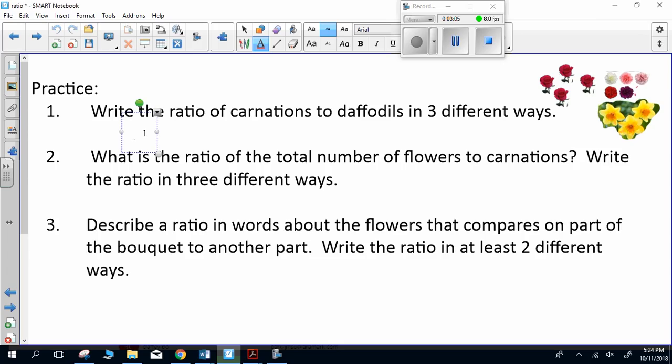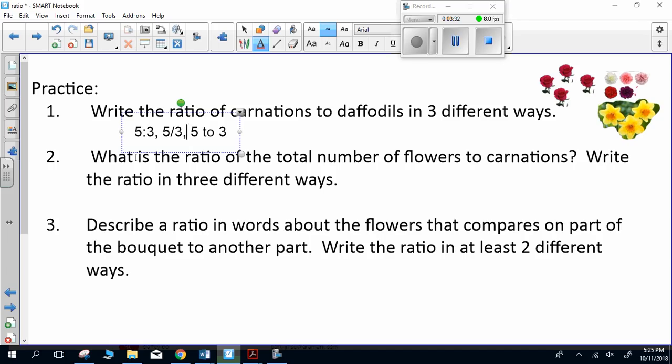So I can write 5 to 3 in any of the three ways. Remember, they're all read the same way: 5 to 3. I put the carnations in the numerator because that's the first word in my sentence.